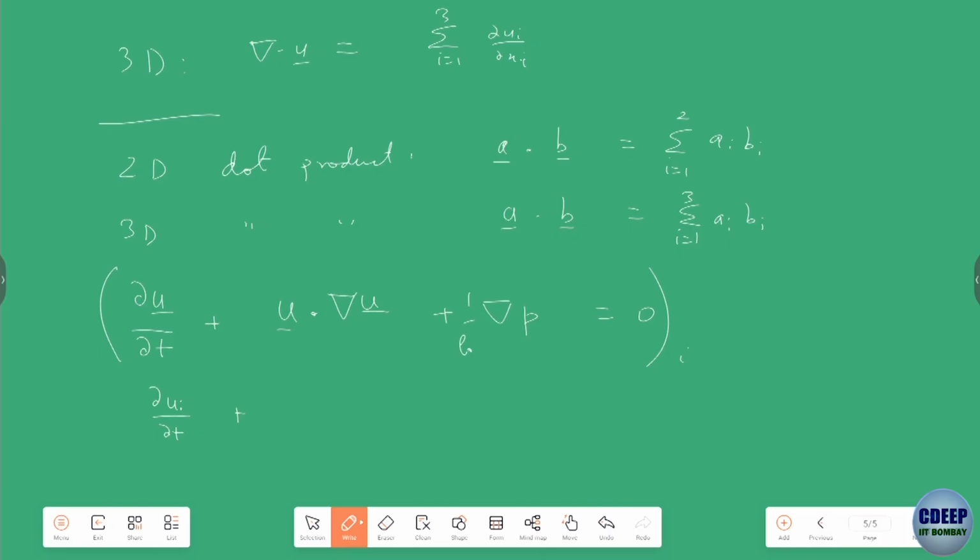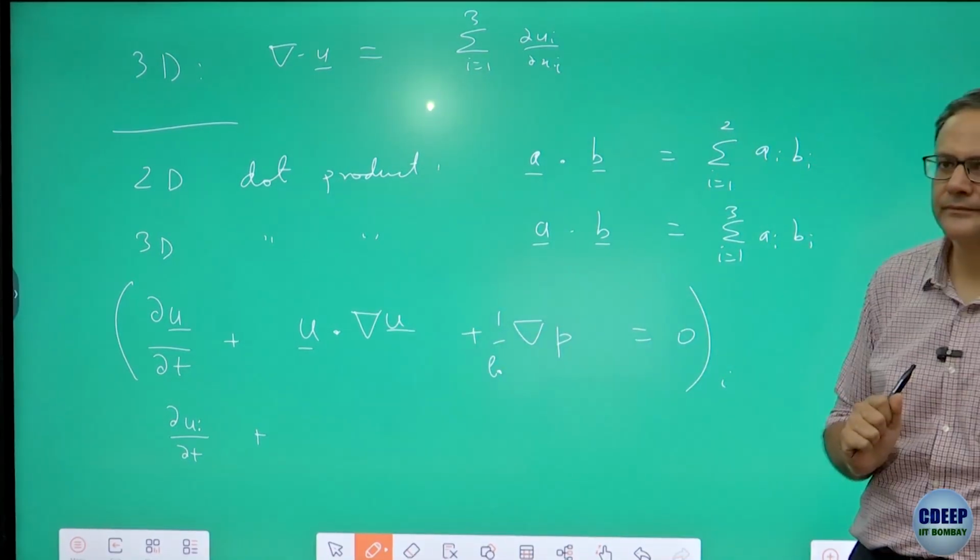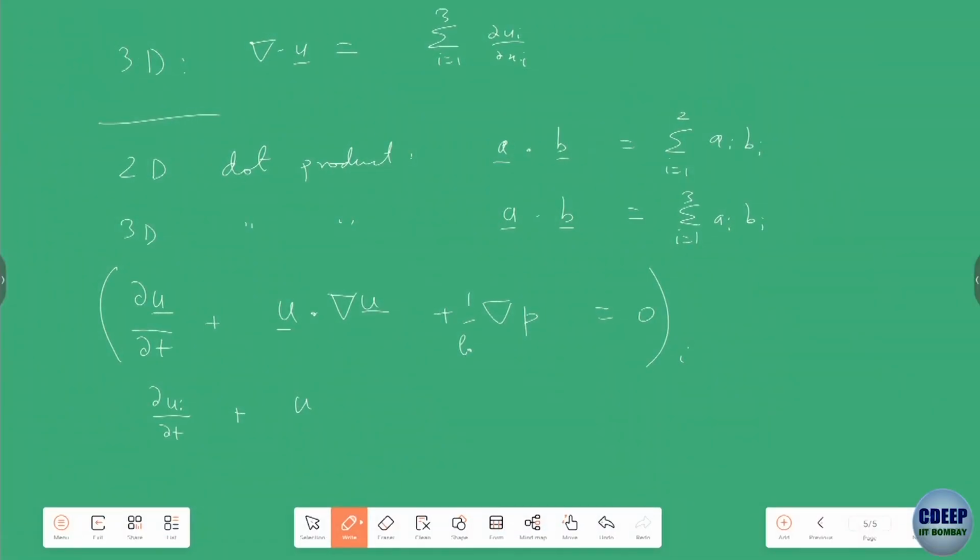So what is this term? Abhinav, since you don't know, what is this term for the ith equation? What is this term? Uj. So that's the prior knowledge that he is using there. So what he is thinking of is there is u1 del ui del x1 plus u2 del ui del x2 plus u3 del ui del x3.